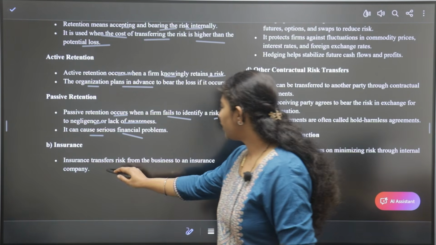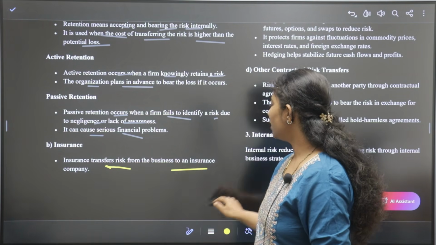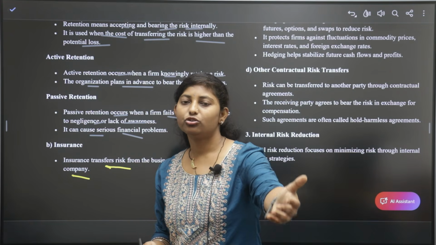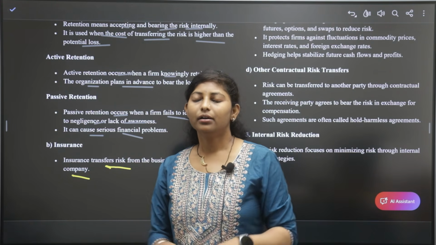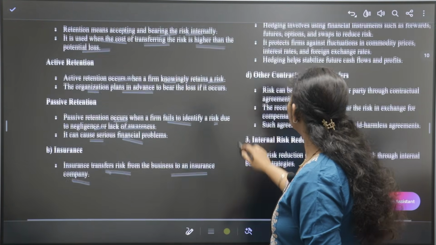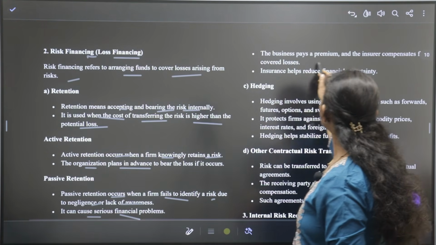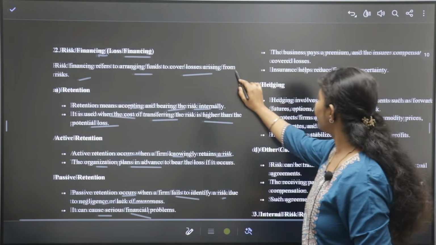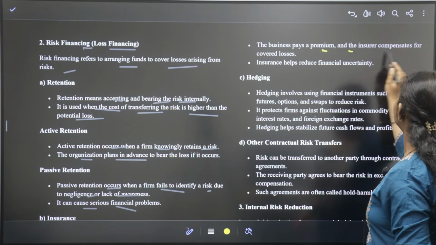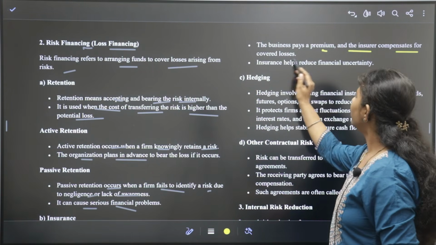Insurance is the transfer of risk from the business to the insurance company. I am transferring my company's risk to the insurance company by paying it a premium amount. The business pays a premium, and the insurer compensates for covered losses.